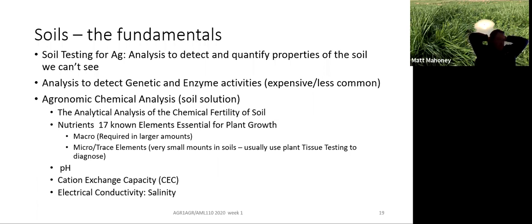So soil testing, and we'll cover this in more detail later on, is trying to detect and quantify the properties of the soil that we can't see or feel. Some of those soils, as they go down through the profile, don't look to change much. However, they can actually change chemically, and the roots can see or feel that, but we can't.